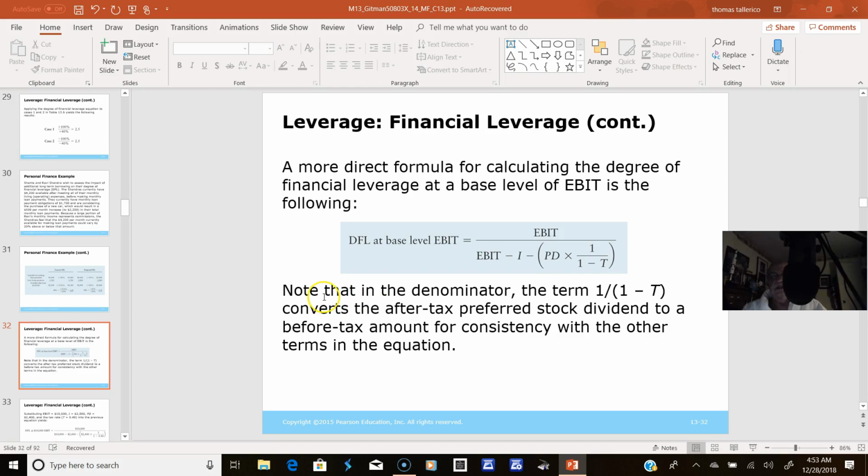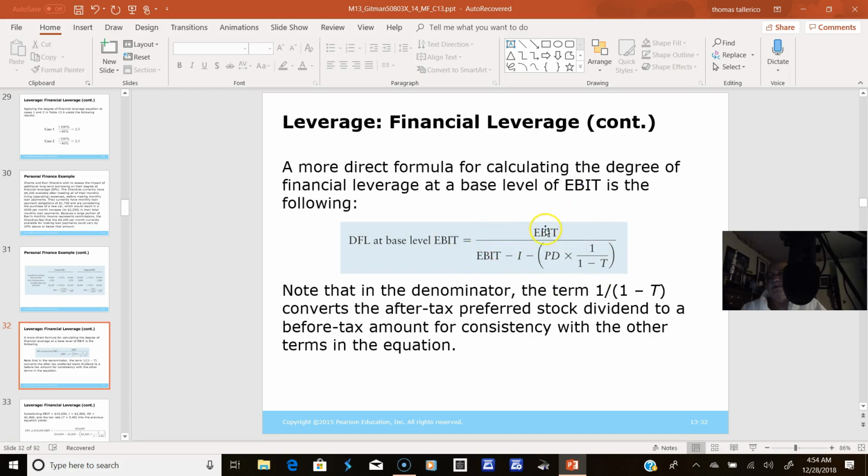So let's read this. Note that the denominator, the term 1 over 1 minus t converts the after-tax preferred stock dividend. Here's the preferred stock dividend to a before-tax amount for consistency with the other terms in the equation. So now we're all before tax, right?